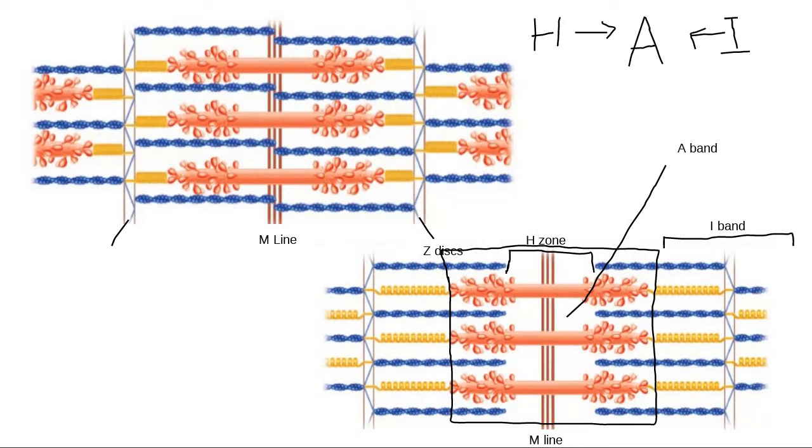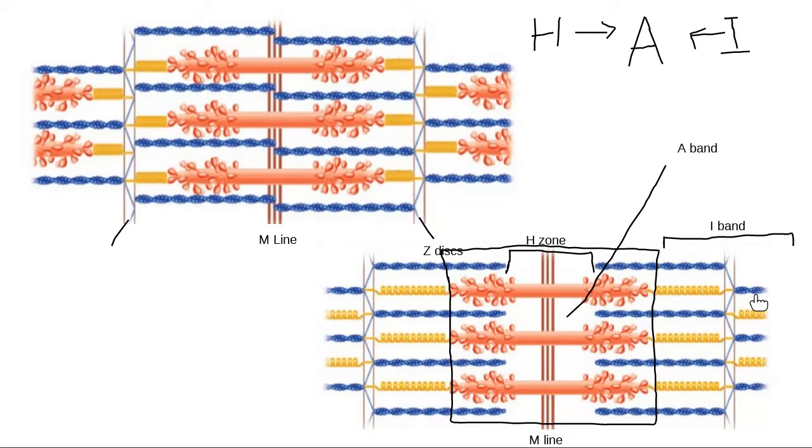So imagine if we took these two little parts of the H and put them toward the middle where the I would be. That's how I remember it. The A band has overlap between the H zone with myosin and the I band with actin. So the A band is what makes the dark part of a striation, and the I band is what makes that part look lighter when we're talking about striations.